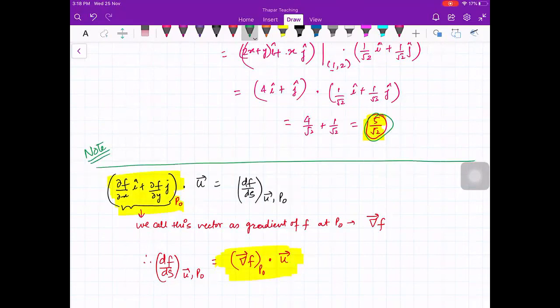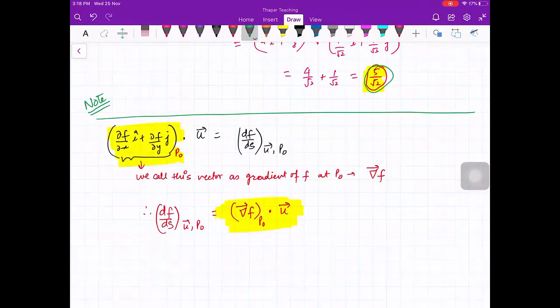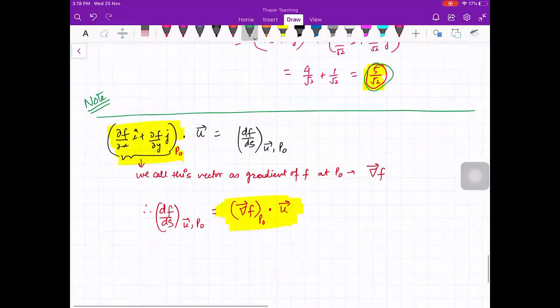Gradient is just a vector which is defined as ∂f/∂x i cap plus ∂f/∂y j cap. This is note 1.